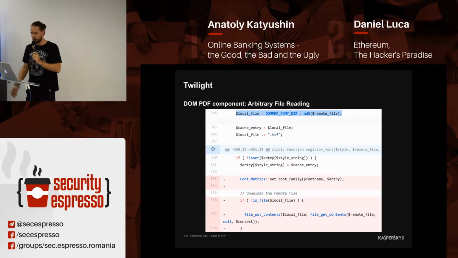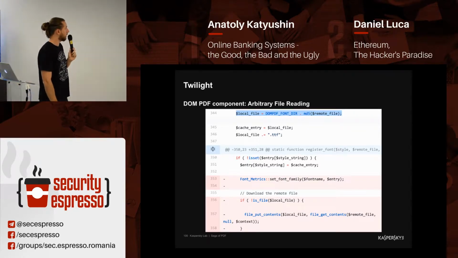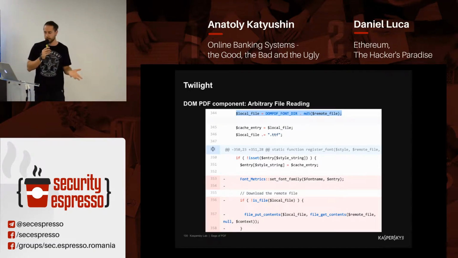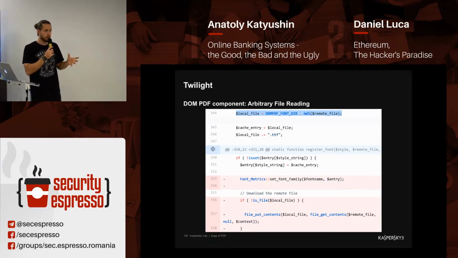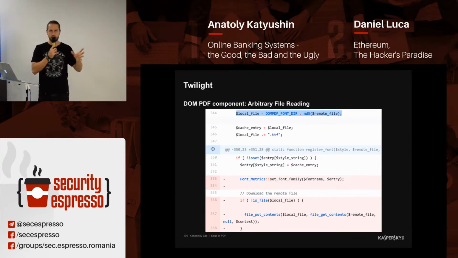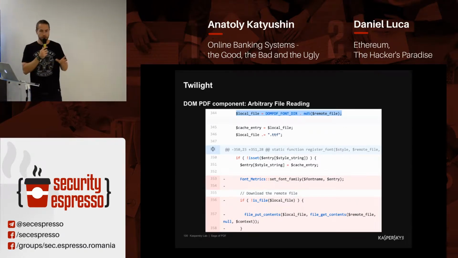But we managed to find another vulnerability, and here you can see that there is some CSS, and it has been processed, and using the CSS you can inject a new font on the system using the font-face annotation. So the application will download the file and put it into the web directory. It will put it into some file, and this name is foreseeable.